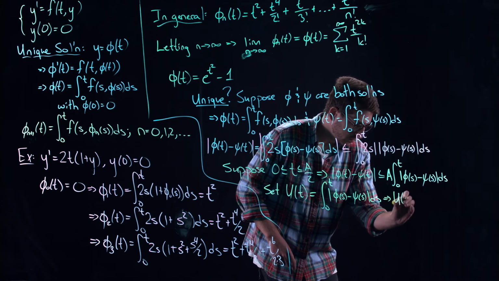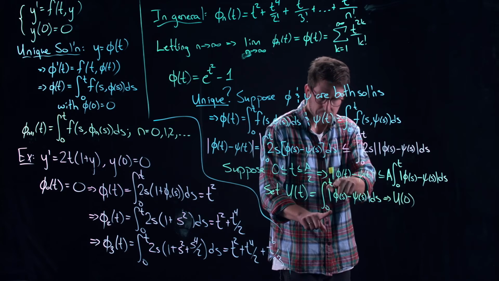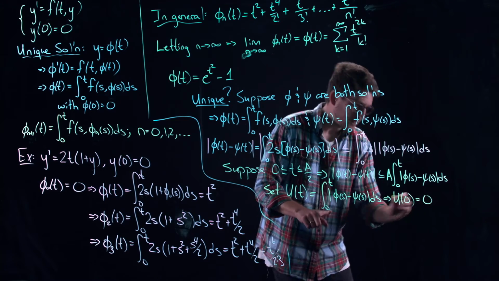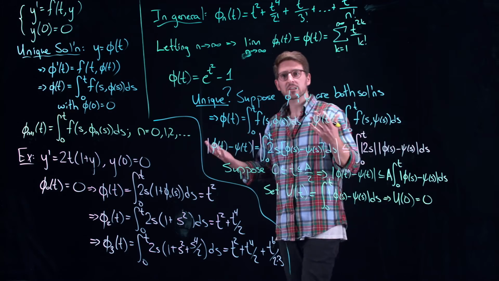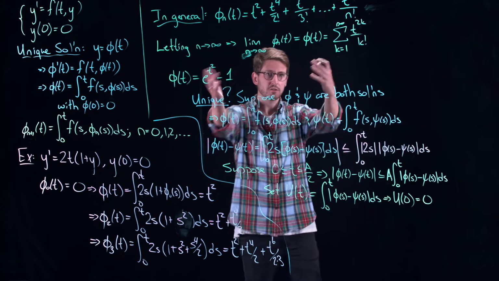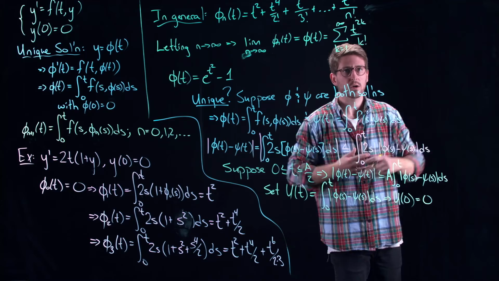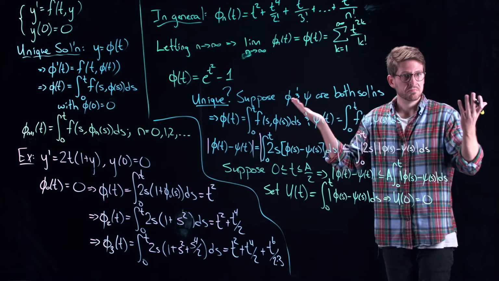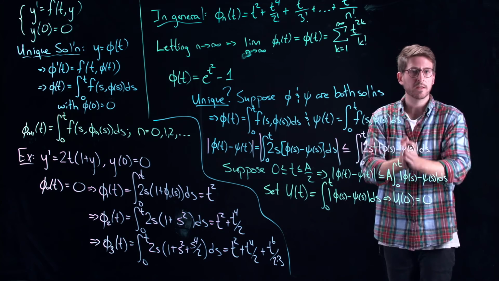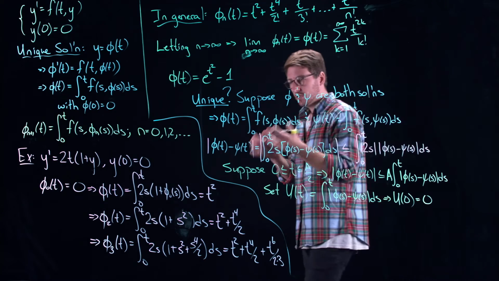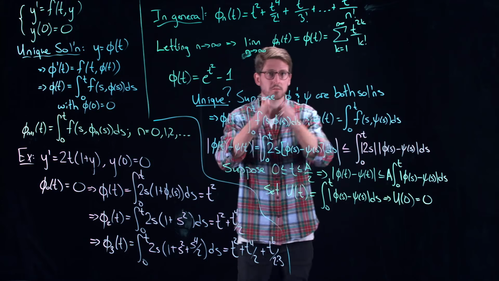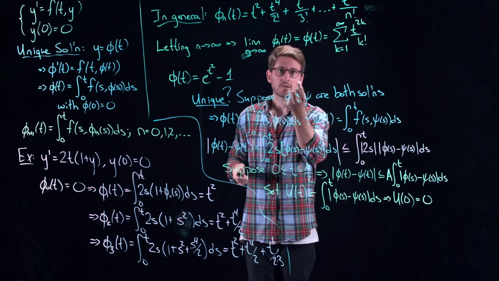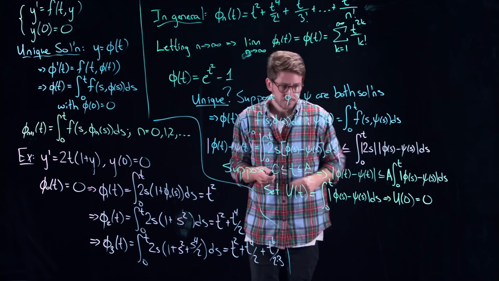First of all, U of 0. If I integrate from 0 up to 0, that's a null integral. There's nothing to integrate. This is one of the rules of integration: if you integrate from the same point back to itself, you're integrating nothing. Think about area underneath the curve and Riemann sums. You just have a rectangle with no width.